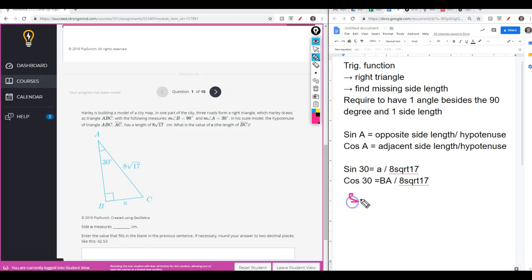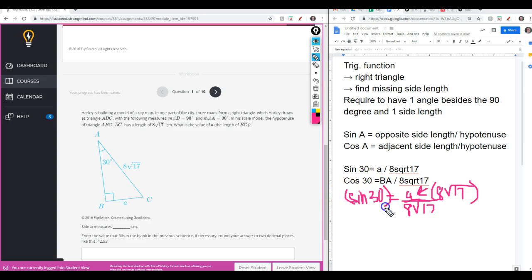So again, we had sine of 30 is equal to a divided by 8 square roots of 17. Well, I'm trying to solve for a, and it's being divided by 8 square roots of 17. So I'm going to multiply both sides by 8 square roots of 17.